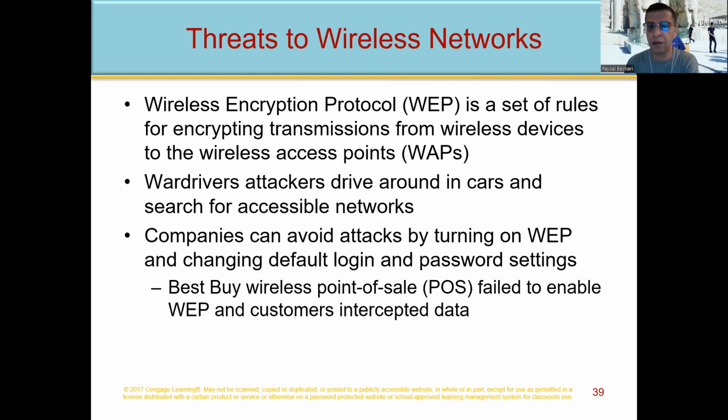And companies can avoid this by turning on the WEP and changing the default login and password settings. This problem, we saw that Best Buy wireless point of sale, or POS, failed to enable the WEP and a customer intercepted data.